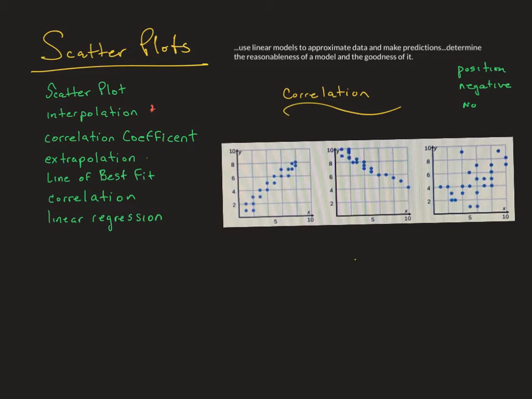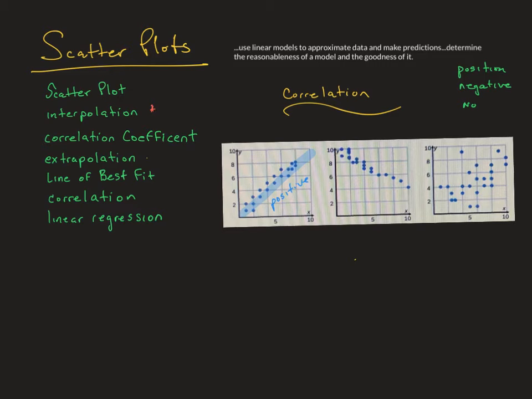These points are not in a direct straight line of a linear function, but they seem to be close, and they're heading in some direction. As my x-axis is increasing, so is my y-axis. Just envision that if I were drawing a line along that, what kind of slope would that line have? I'm hoping you're going to tell me that that would be a positive slope. Therefore, we have a positive relation.